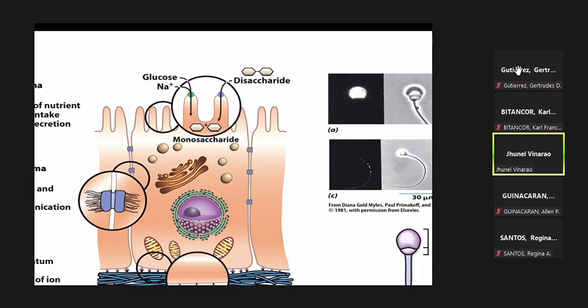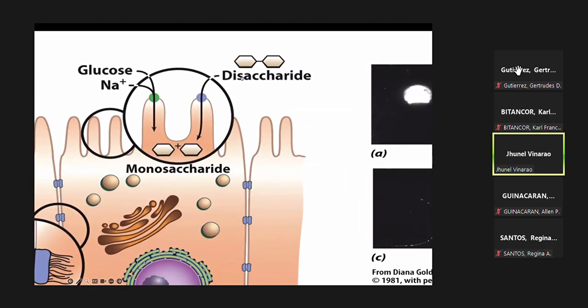Hindi magmo-move yun, hindi spontaneous yung movement ng water, no? So dapat from high concentration to low concentration. And medyo user si glucose kasi ginagamit niya yung concentration ni sodium para makapasok siya sa cell. Okay?